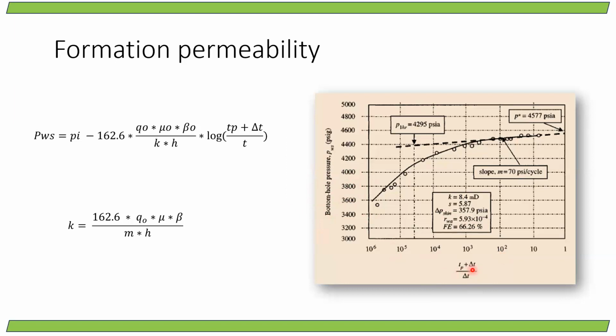Delta T will be changing with respect to TP, and we are going to plot TP plus delta T by delta T on a semi-log plot. The x-axis is log, the y-axis is linear. With this data, you observe the slope which follows the main slope, not the slope which has deviated. With the help of the slope and other parameters, you can get the value of permeability. This is for the drawdown test.